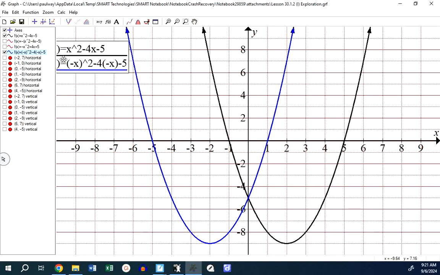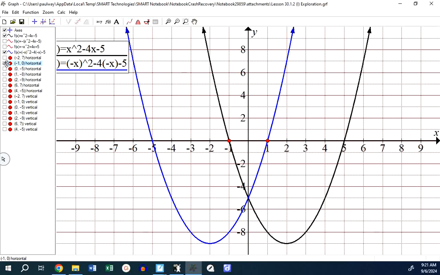You can see that it is a horizontal reflection, right? If I take a look at these 2 points, negative 1 comma 0 is the original point on the function, and then the transformed or reflected point is at 1 comma 0.